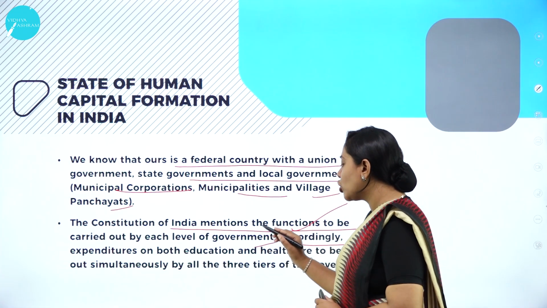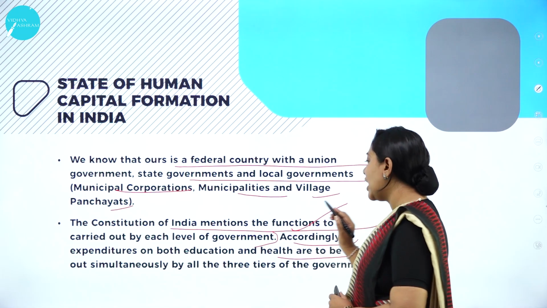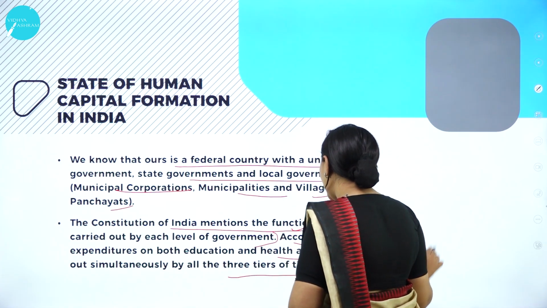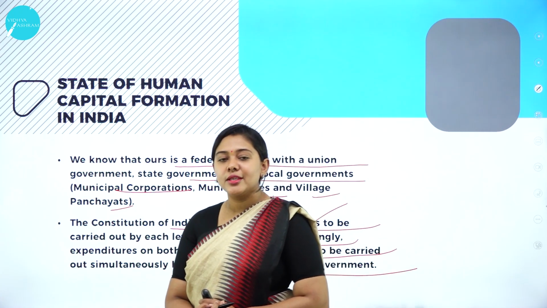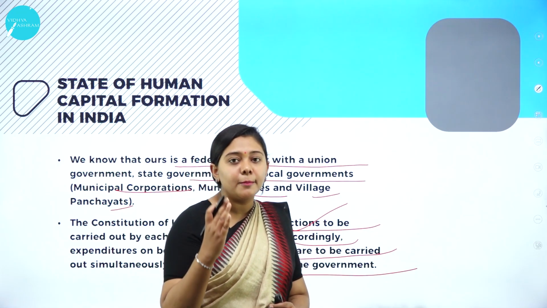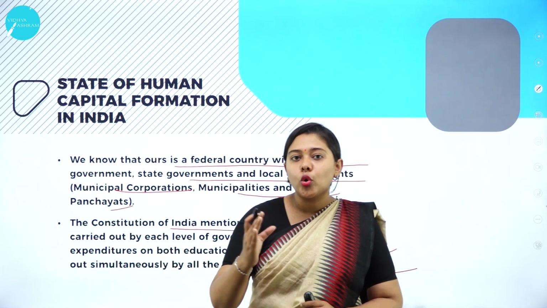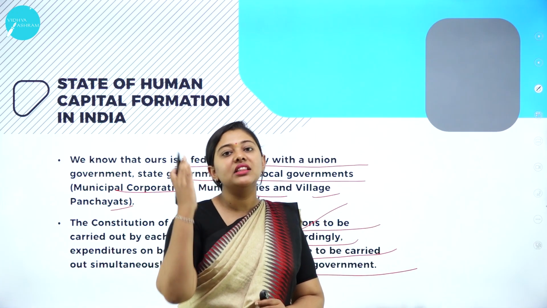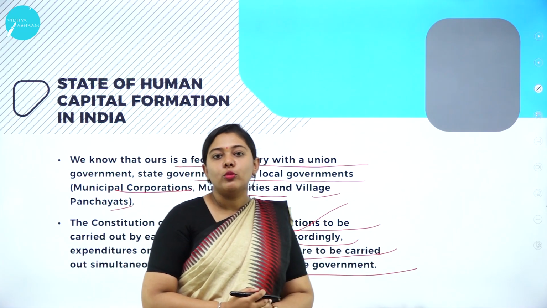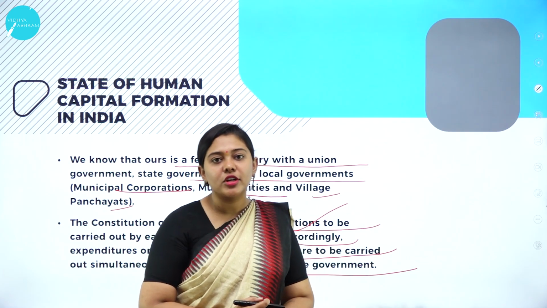Accordingly, expenditure on both education and health is to be carried out simultaneously by all three tiers of the government. The Constitution of India has given the rules and regulations, and the role to be played by each system is specified, so everything has to be taken care of by specific rules and regulations.